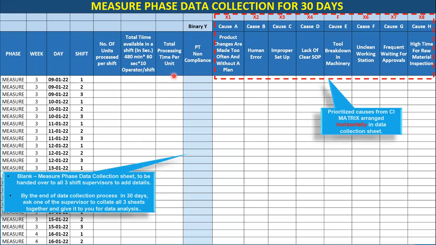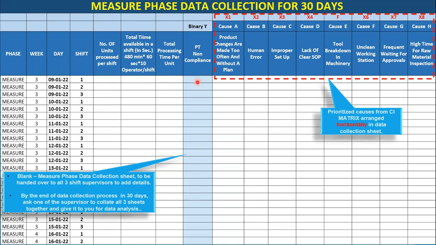Now total processing time per unit will be this column divided by this column, right? This column divided by this column. So imagine we have 288,000 seconds, and for a given shift, if you produce say 1,000 units, 288,000 divided by 1,000, my total processing time per unit would be 288 seconds.